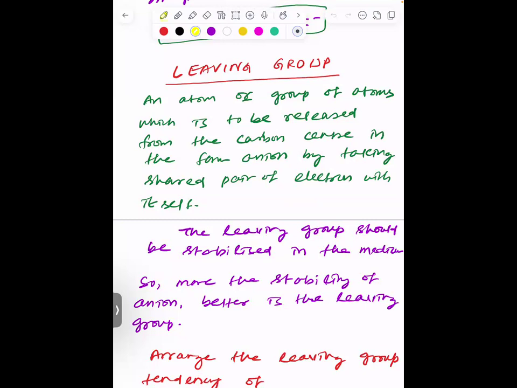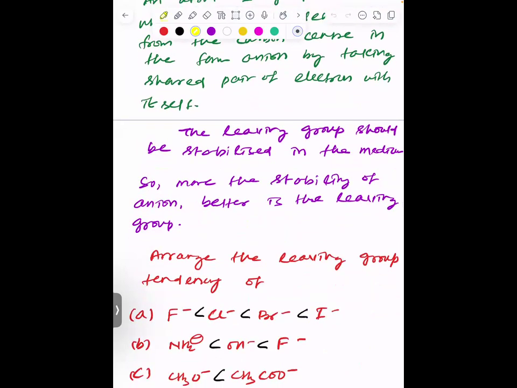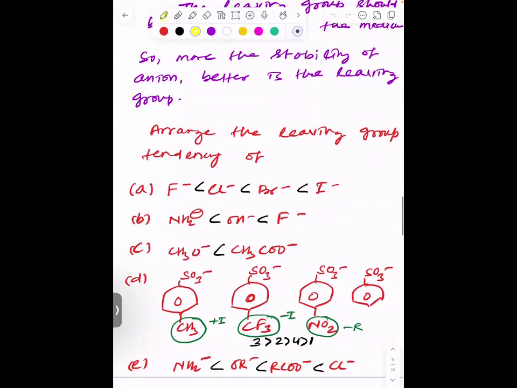So first it has to be released in the form of anion, and it has to be stabilized in the medium as the anion. More the stability of the anion, better is the leaving group, not nucleophile.